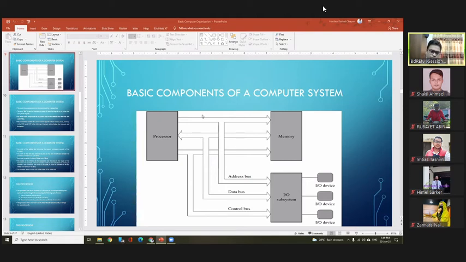That's why 2 to the power 64 means almost 2 tera of different memory blocks. That is the relationship between the address bus and the maximum memory size. Do you understand now?